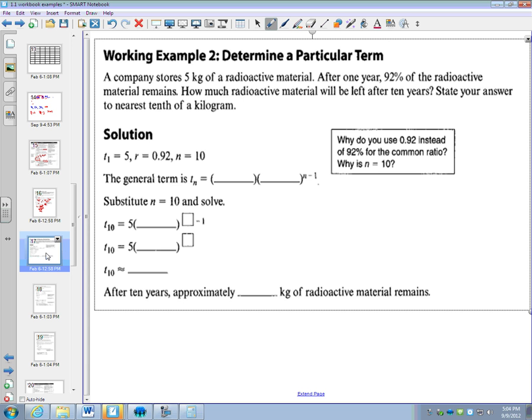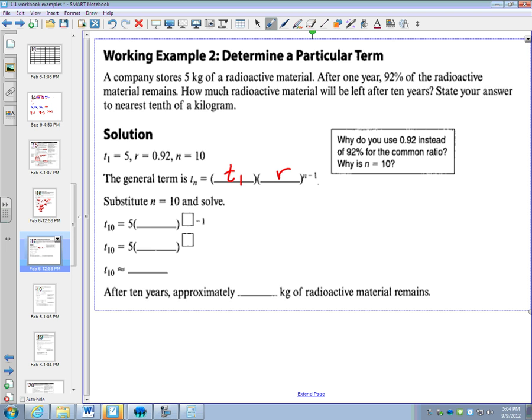So term 1 is 5, the rate is 0.92, and n is 10. I'm solving for term 10. Remember my formula: Tn equals T1 times rate to the n minus 1.